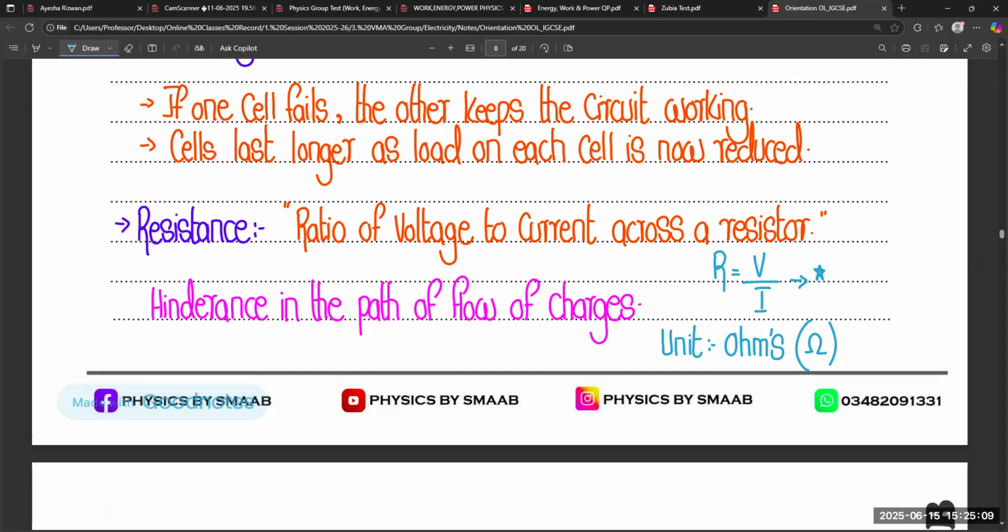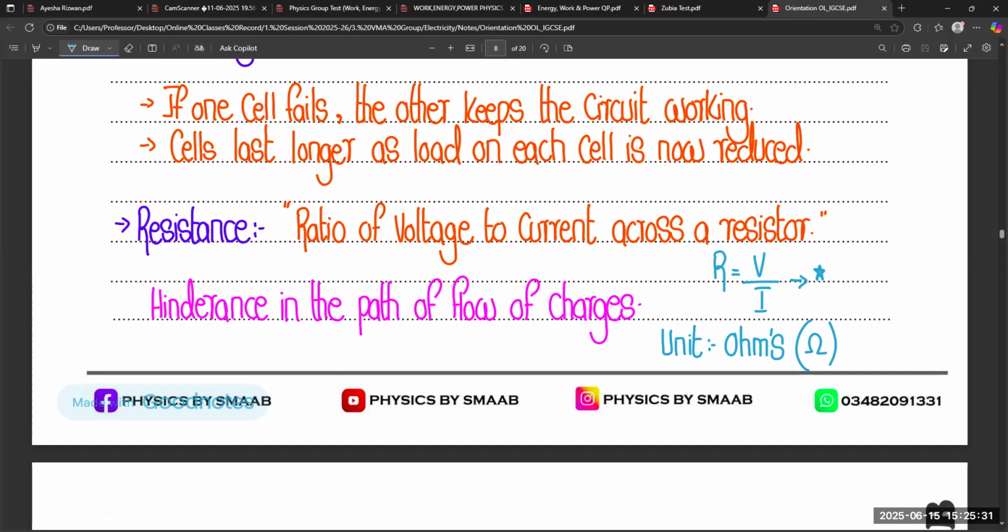There is a difference in length, because in a power bank we have a limited number of charges available, so we have to make it more efficient. That's why we are using a small length of wire, so charges can travel easily from the power bank to the phone.